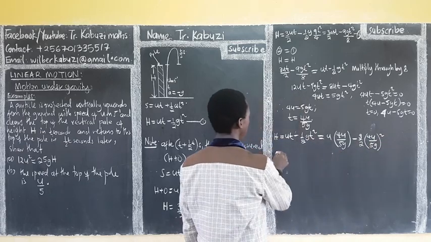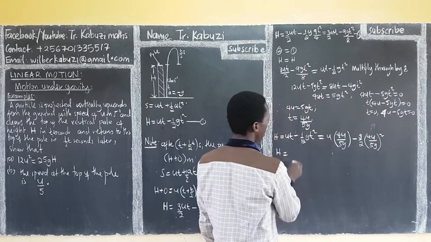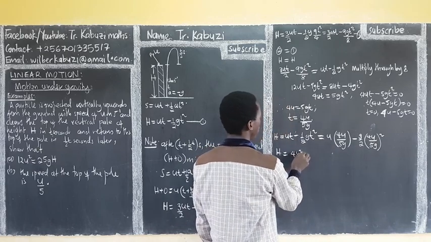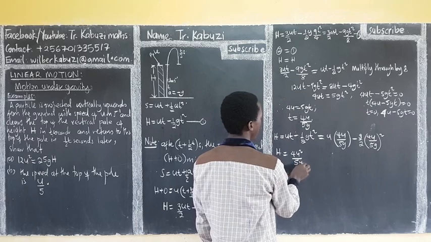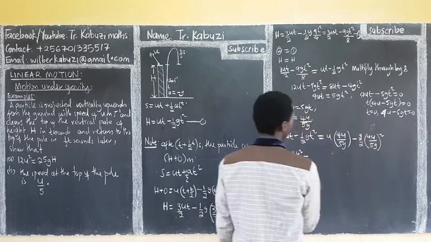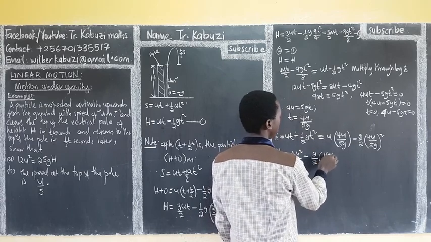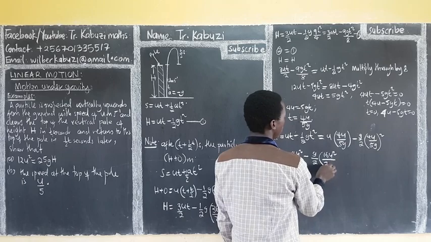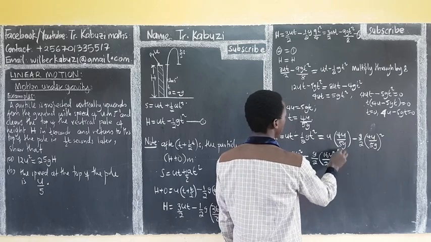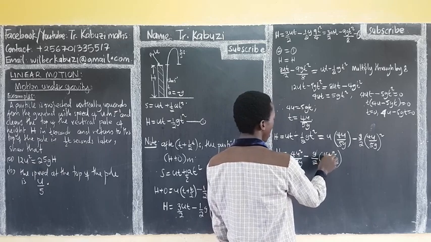So what happens if we simplify? This would be the same as 4u squared over 5g, then minus g over 2 into 16u squared over 25g squared. So this one can reduce by 8.